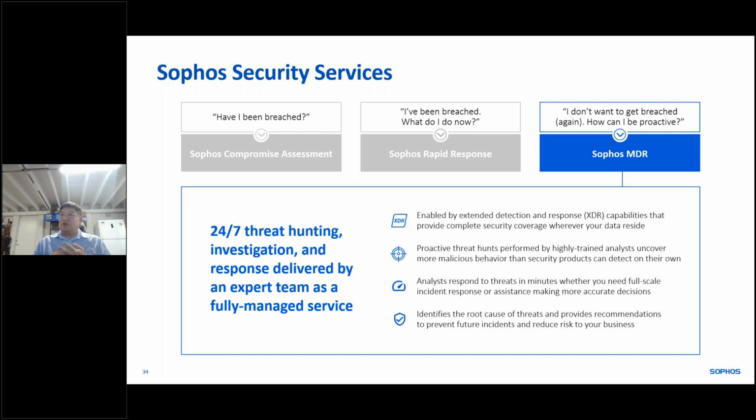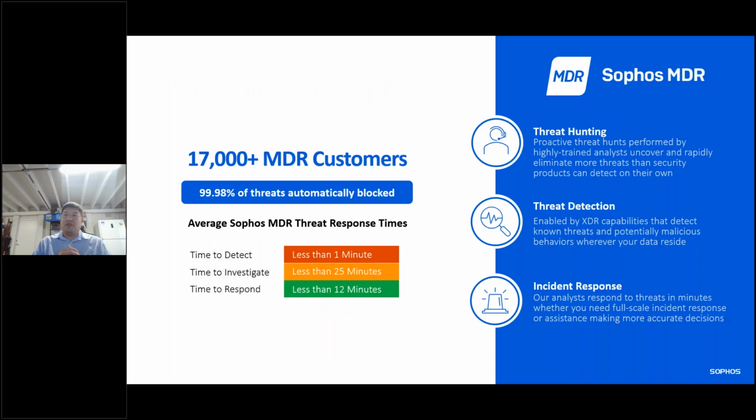For managed detection and response, what it means is that Sophos will provide the whole part of this on behalf of partners and your customers as an additional service that you can offer to them, which is 24/7, 365 days a year threat hunting, because they have the right skills and people.